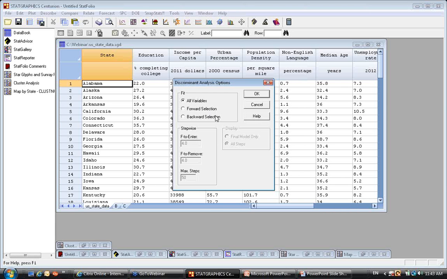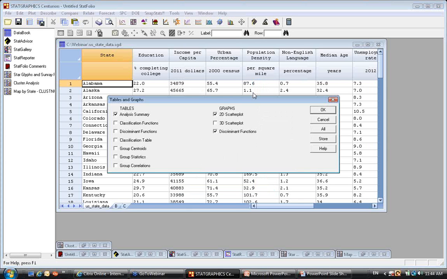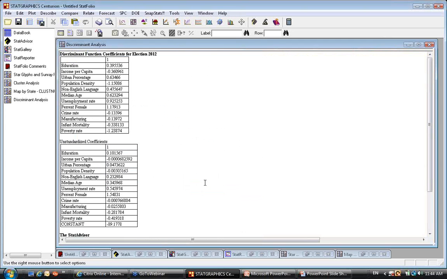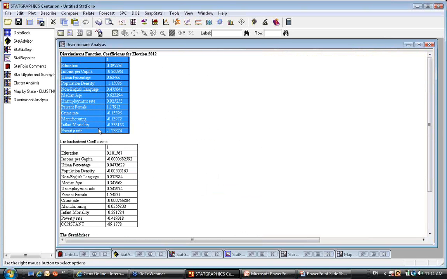Okay, let's start, though, by doing all the variables. And when it asks what tables and graphs I want, I'm going to ask for the analysis summary plus the discriminant functions. Okay. Now, you will see down in the bottom left the coefficients of the discriminant function. You'll see actually what it calls the standardized coefficients up here and the unstandardized coefficients down below.